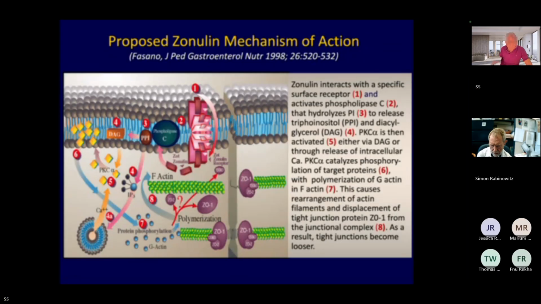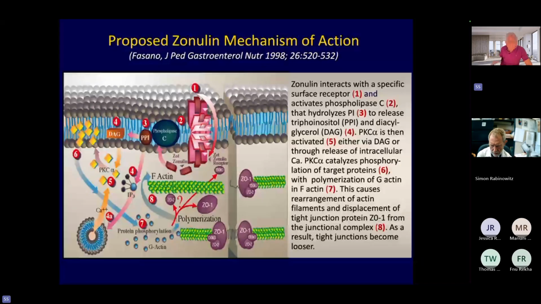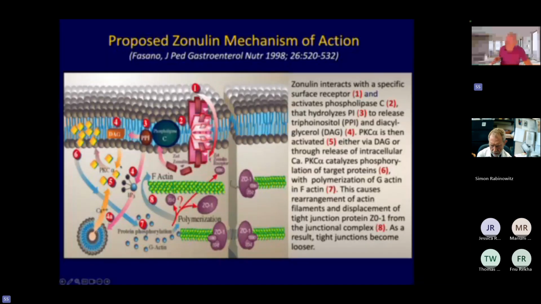So phosphatidylinositol that's hydrolyzed releases inositol triphosphate and diacylglycerol in 4. This then is activated via diacylglycerol or through the release of intracellular calcium.